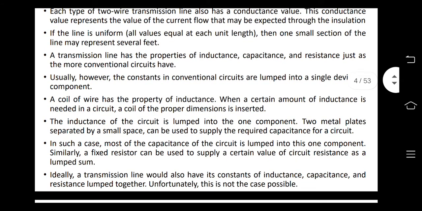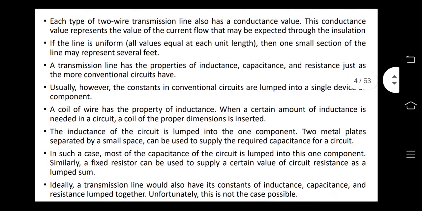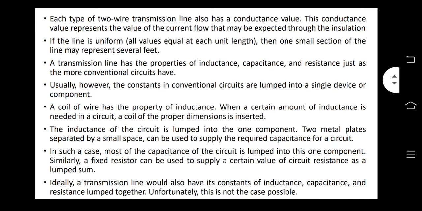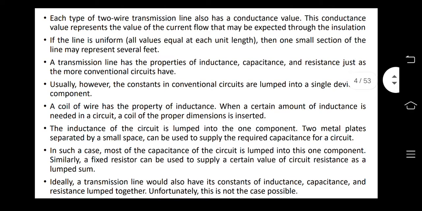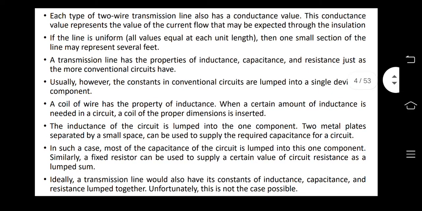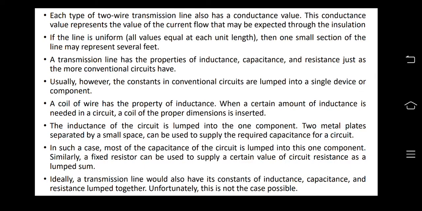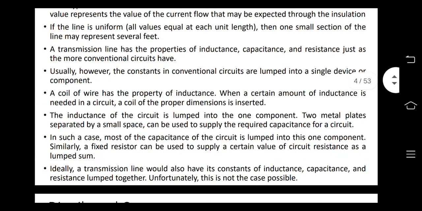The inductance of the circuit is lumped into one component. Two metal plates separated by a small space can be used to supply the required capacitance for the circuit. In such a case, most of the capacitance of the circuit is lumped into this one component. Similarly, a fixed resistor can be used to supply a certain value of circuit resistance as a lumped sum.